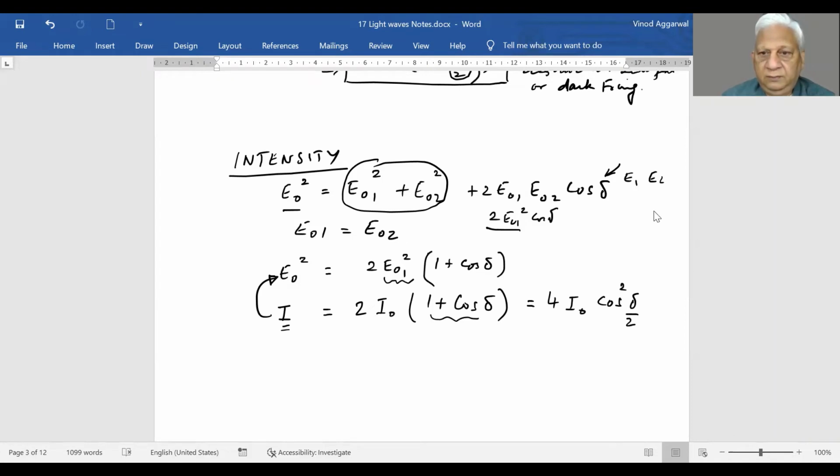Now, if delta, which is the phase difference between E1 and E2, happens to be 0, then this will simply become 4I0. I will become 4I0 if delta is 0, or adding to it multiples of 2 pi.